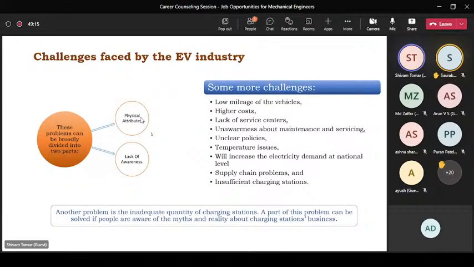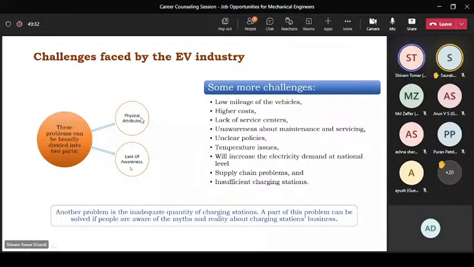So now let's talk about the challenges faced by the EV industry. What are the challenges that EV industries are currently facing? If we talk about the problems, they are broadly classified into two types: physical attributes, and second, lack of awareness.